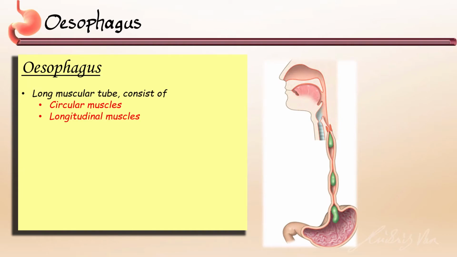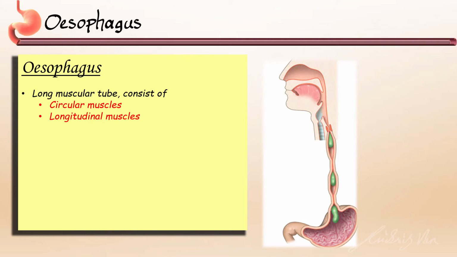After swallowing, our food will travel into the esophagus, which is a long and muscular tube, consisting of circular and longitudinal muscle. Now, please take note, it is not just the esophagus that contains circular and longitudinal muscle. The rest of our alimentary canal also consists of these two sets of muscle. If not, we would not be able to push the food to our anus.